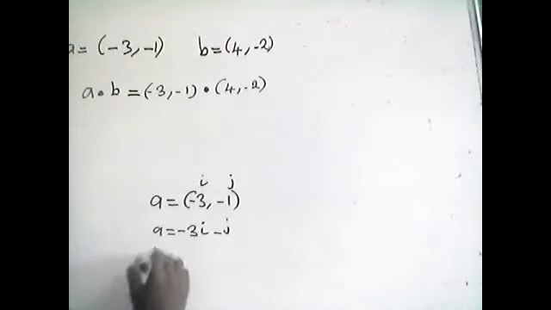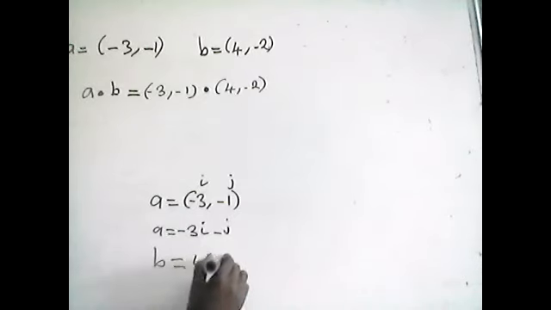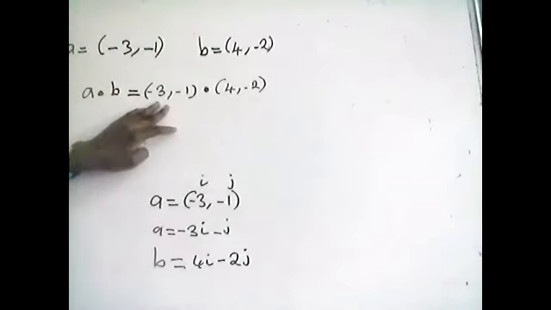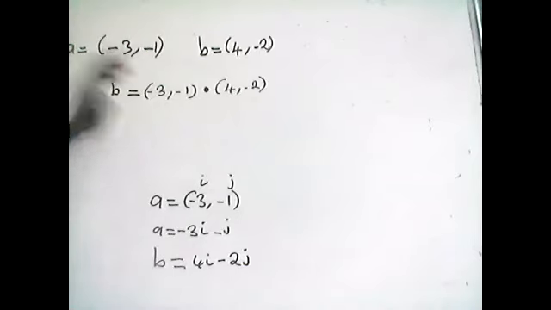Similarly, B can also be written as 4i minus 2j, since plus multiplied by negative gives us a negative j. It's one and the same; you can either write it like this or in coordinate form.